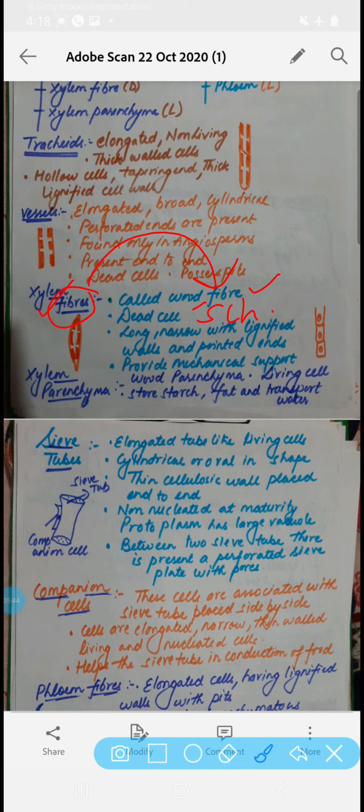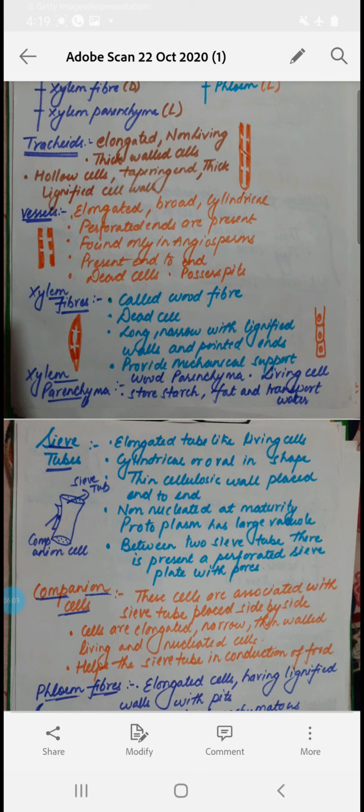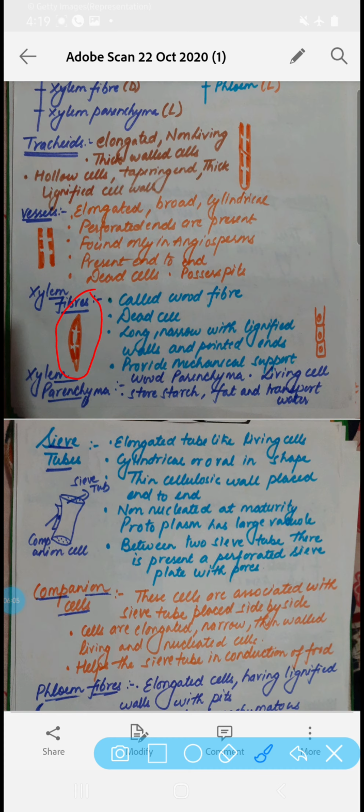So one of the components of xylem is sclerenchymatous tissue, and which of these? Fiber. The cells are long, narrow, with lignified walls and pointed ends. You can see in the diagram that the cell has pointed ends. The structure is the same as the structure of fiber we studied. And it provides mechanical support to the plant.